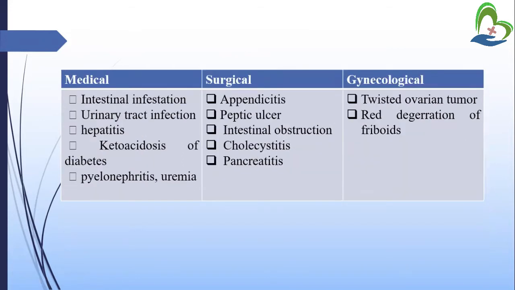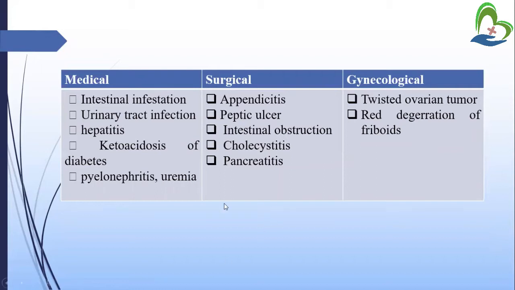Other causes: if the mother has any medical disease like intestinal infestation, urinary tract infection, hepatitis, ketoacidosis of diabetes, pyelonephritis, uremia, the mother has vomiting due to the medical condition.